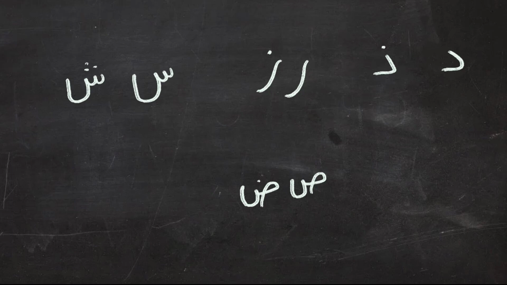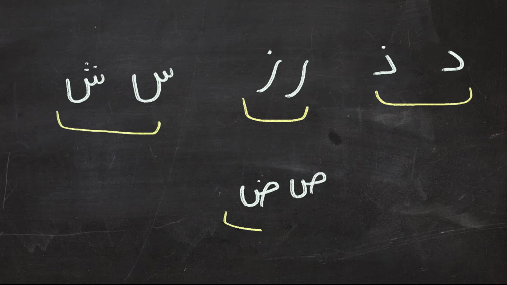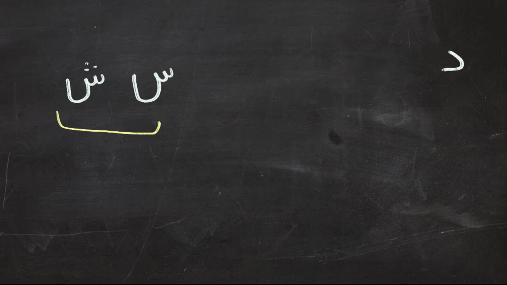So these are the 8 letters that we are going to be talking about in the second lesson. As you can see, I've written down these letters in pairs to show you that these letters belong to the same family. The first 2 belong to the same family, which means that they behave the same way, and so on and so forth. We talked about that last time and explained that letters that belong to the same family behave the same.